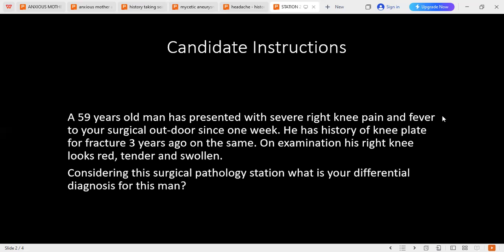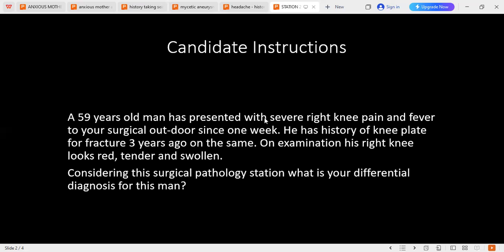Good. What management would you offer this gentleman? Okay, ma'am. At first, I will counsel him about his condition, and I will advise him to send the pus for CS and give antibiotics according to the reports and local trust policy, and consult with the microbiologist.